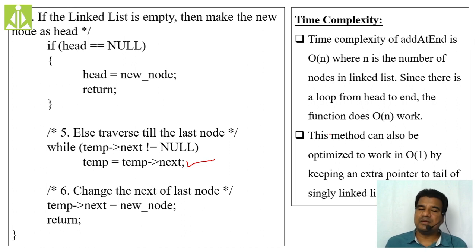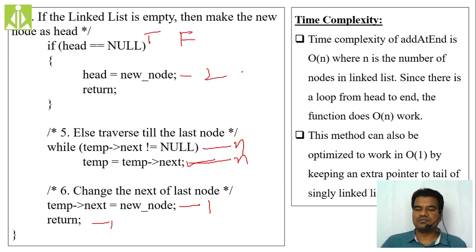So moving the temporary pointer across an unknown number of nodes, this loop will iterate an unknown number of times. The statements inside are 1 each, and the rest of the statements, if the if condition is true, count as 2, and if it is false, they become 0.